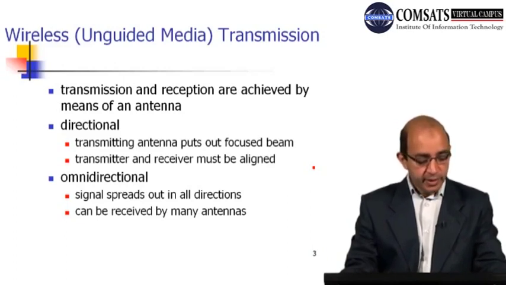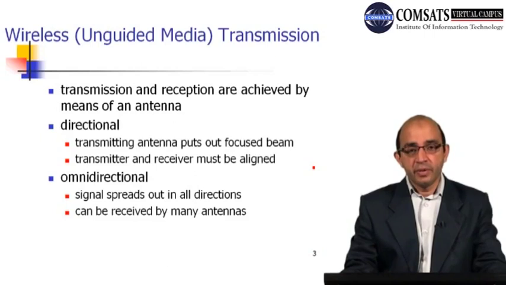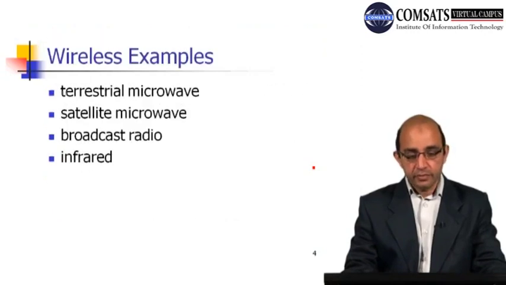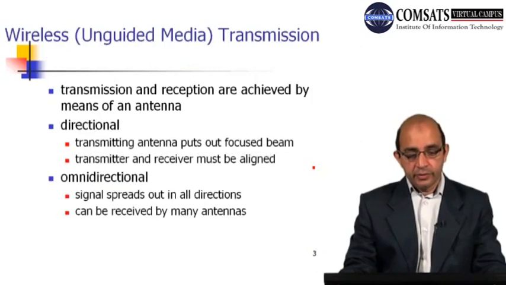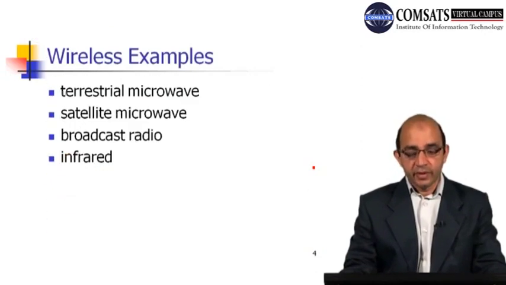So as a result, the antennas which are within the range will be able to receive the signals if they have the capability. So these are the examples. We have terrestrial microwave, satellite microwave, broadcast radio, and infrared.